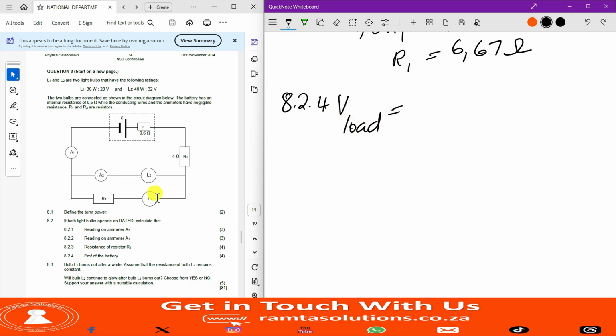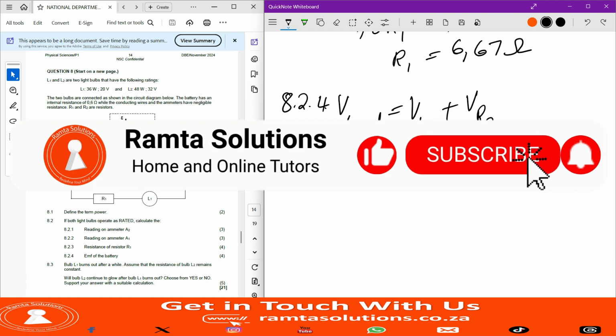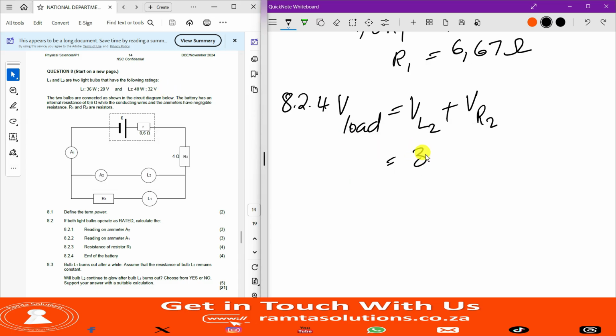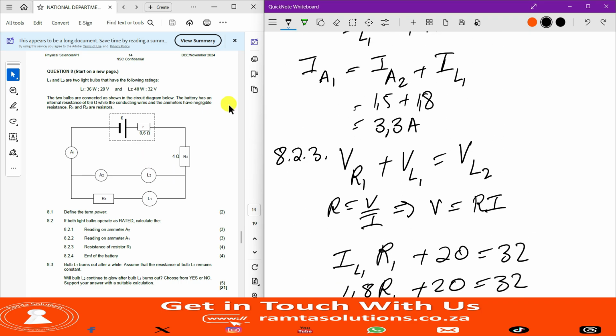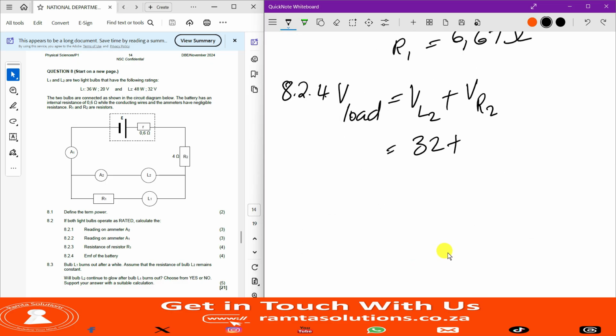V load equals V of L2 plus V of R2. V of L2, we said it's 32. And V of R2, what is it? The total current was 3.3 amperes, and the resistance here is 4.